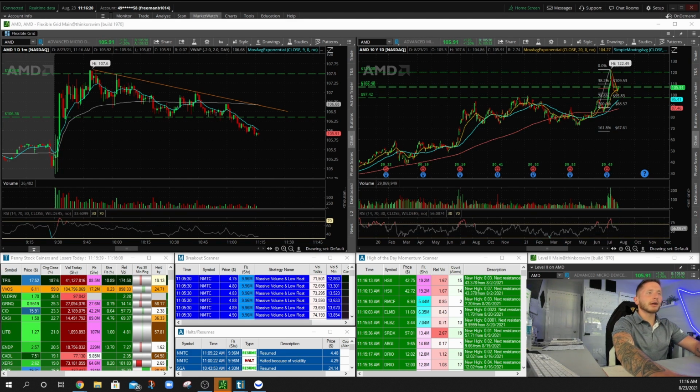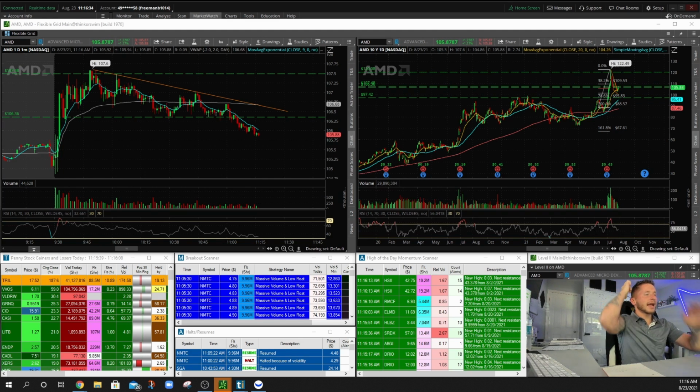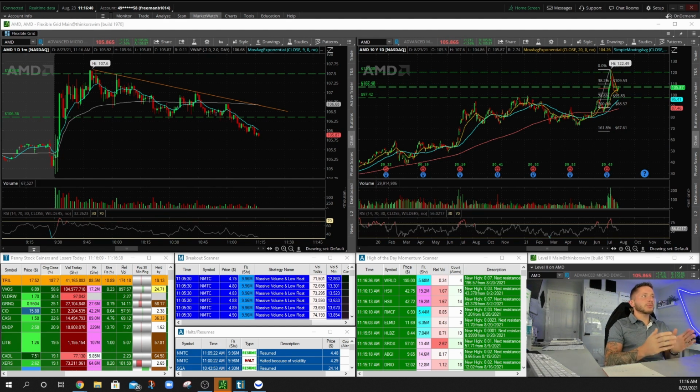Really, to keep it very simple, guys, the only difference between an SMA and an EMA is how they're weighted. It's just the formula on how they're weighted against the last set periods. So when we think of a 9 EMA, it is a 9-period exponential moving average.